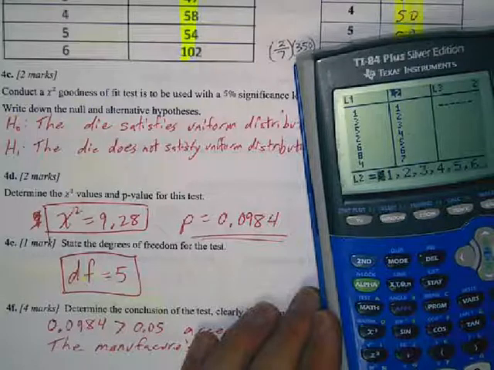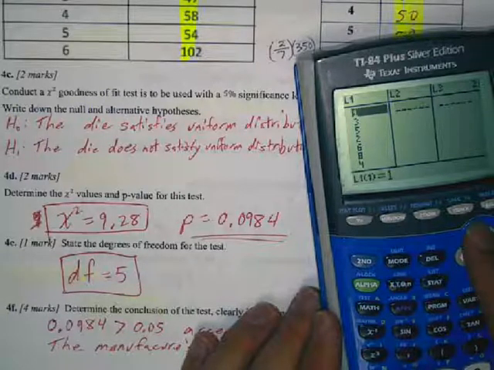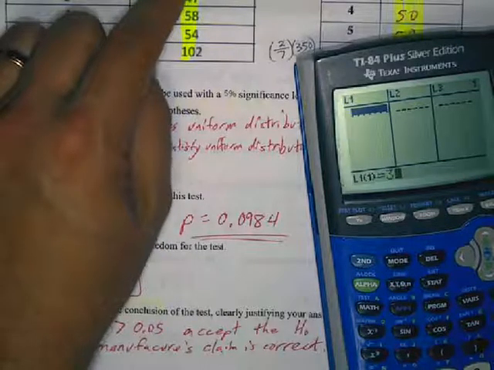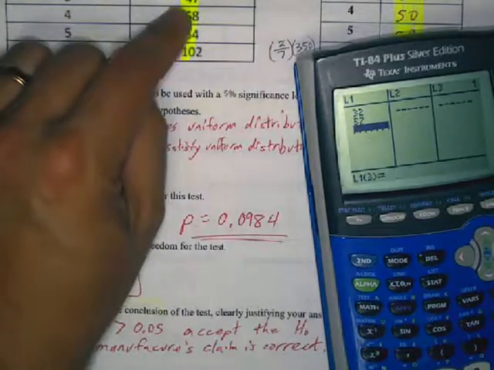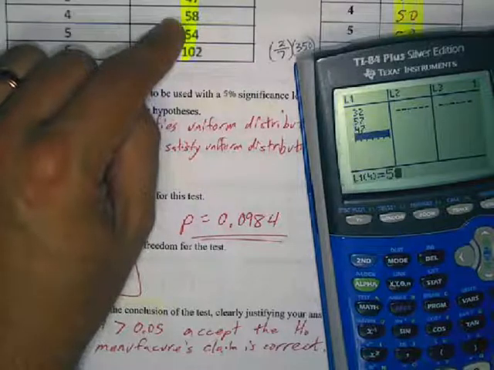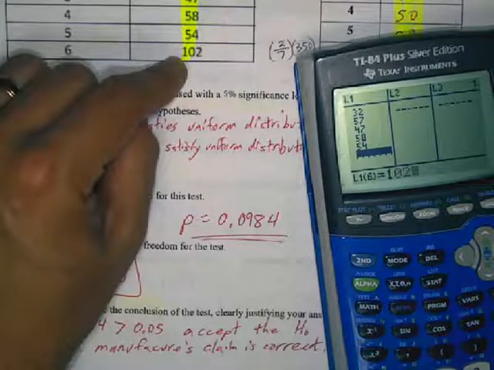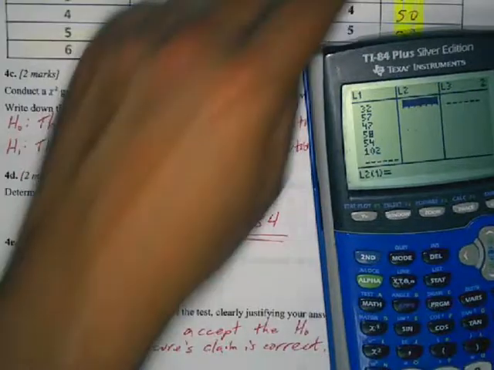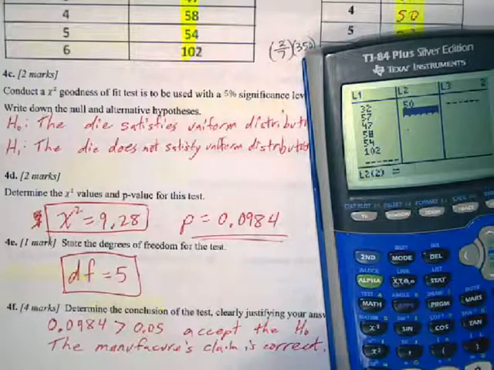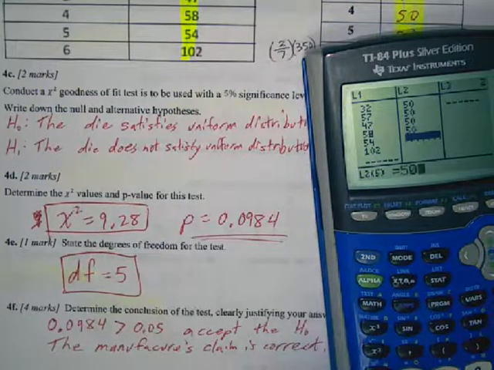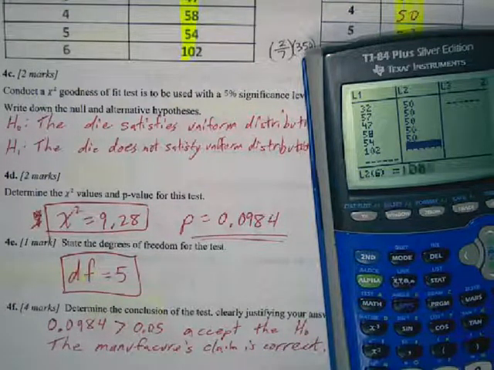Oops, clear. Clear. All right, so 32, 57, 47, 58, 54, 102. Okay, over here, 50, 50, and then 100.